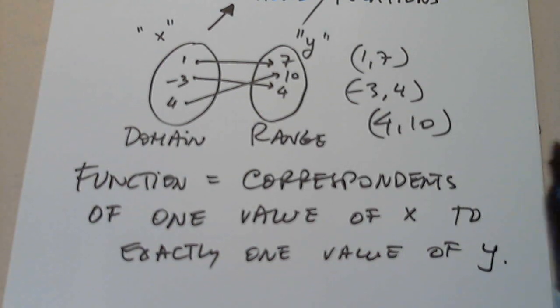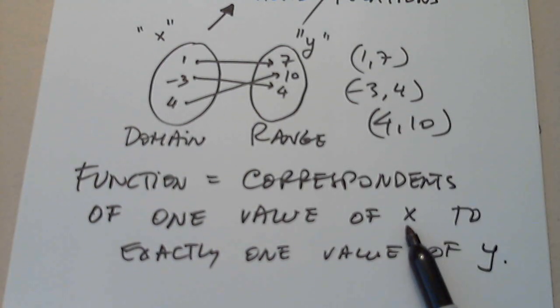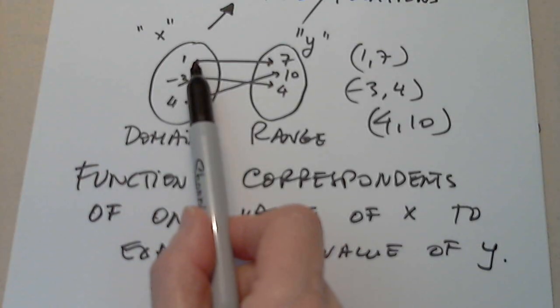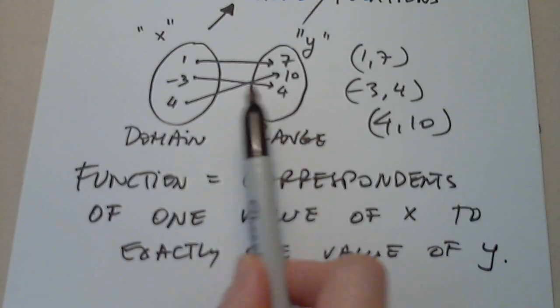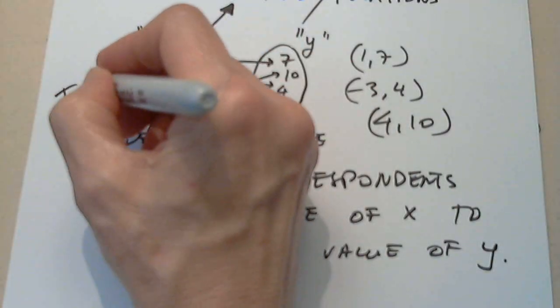So a function makes x correspond to exactly one value of y. X corresponds to one y. X corresponds to one y, and so on and so forth. So this is a function.